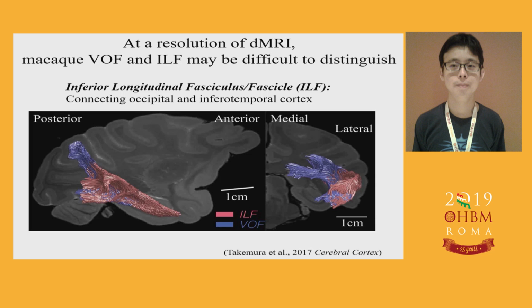At the level of streamline-based reconstruction, blue is VOF and red is ILF. We can see some complex crossing patterns here, with streamlines intermingling with each other. But since this is streamline-based reconstruction, we don't really know how distinct they are from each other or what pattern of crossing fibers exists there.